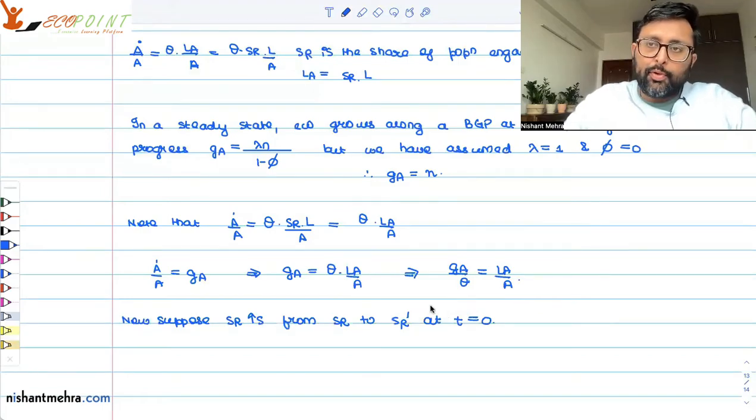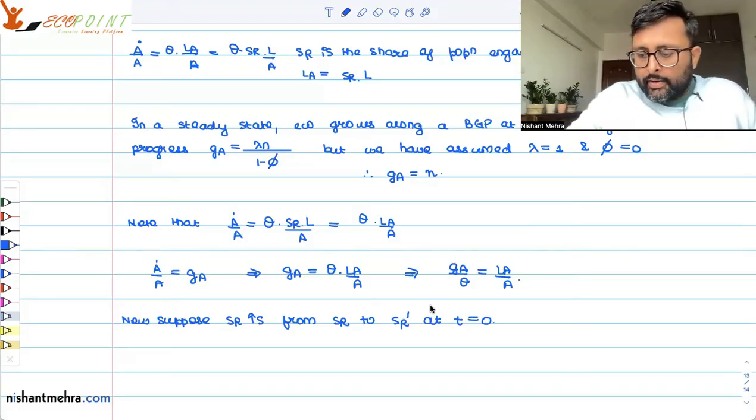If the share of population is going to increase, it means that of course the population engaged in research is going to increase.